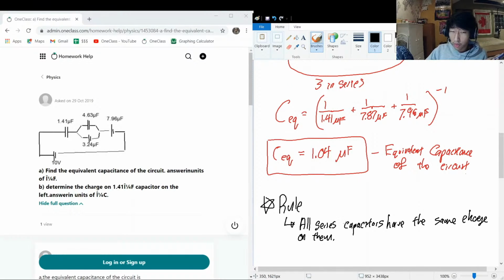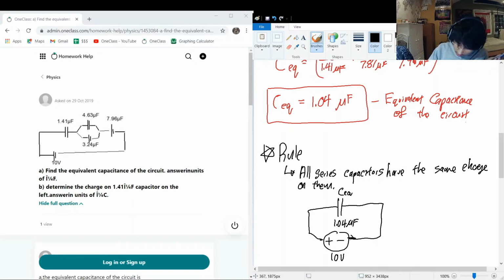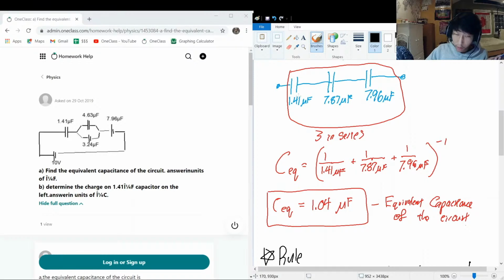Okay, so we know across this whole thing, we can kind of redraw the circuit as so. So we have a 10-volt source. And here we have just CEQ, which corresponds to 1.04 microfarads. Okay, so we know that the 1.41 is in series with all the other ones.